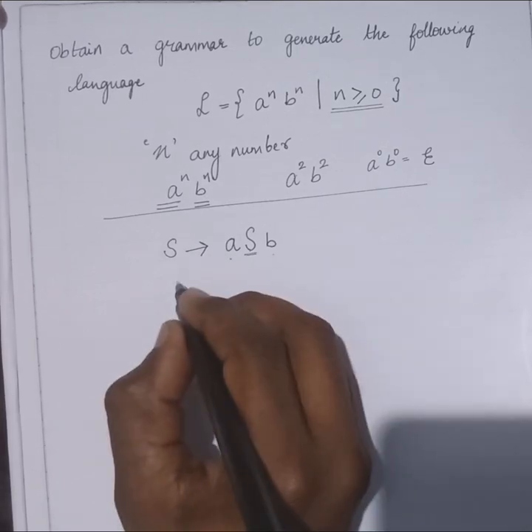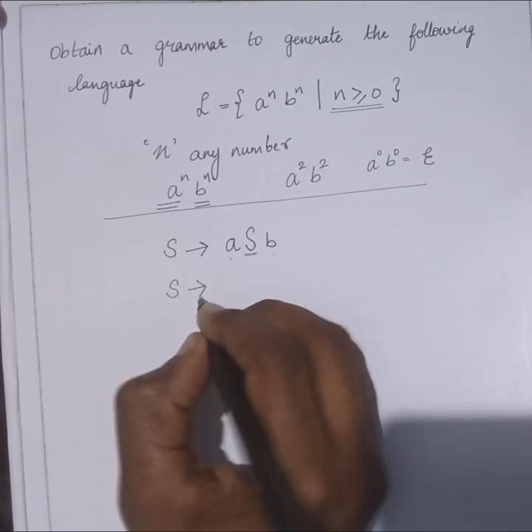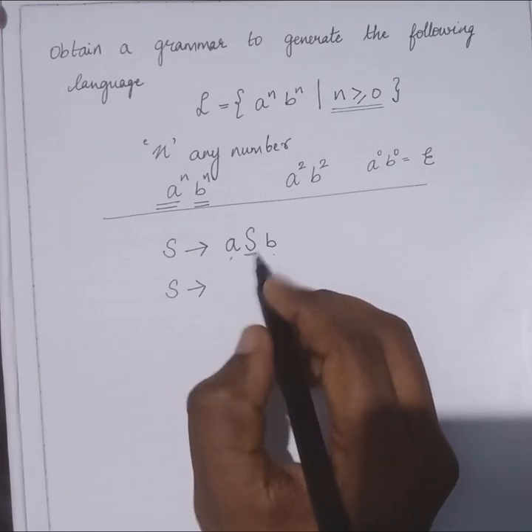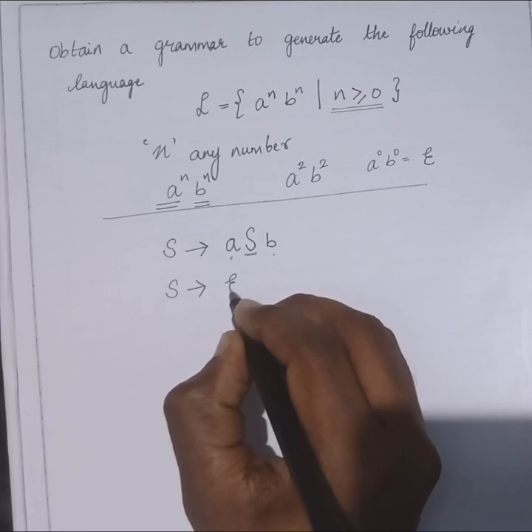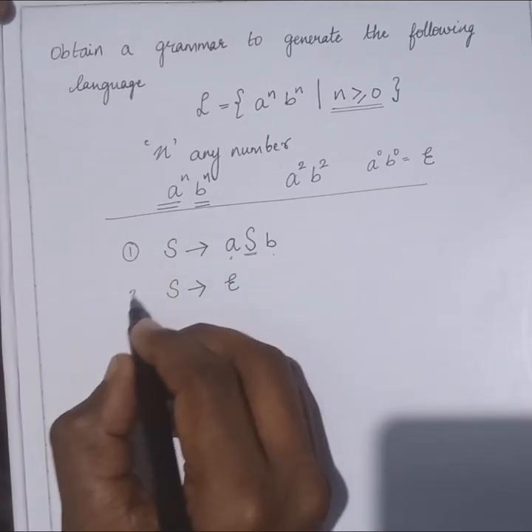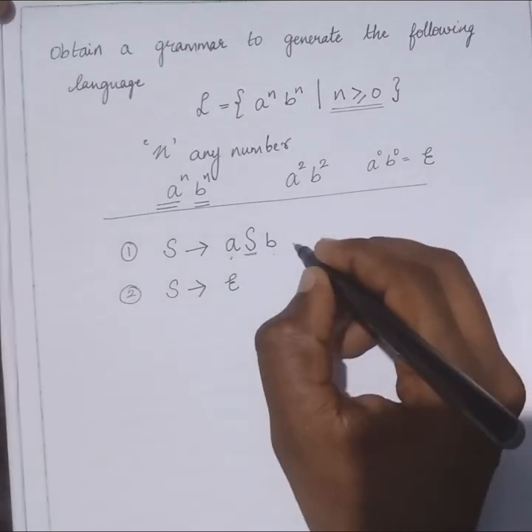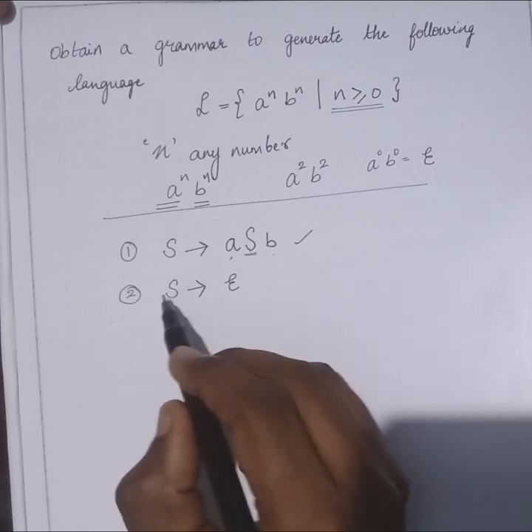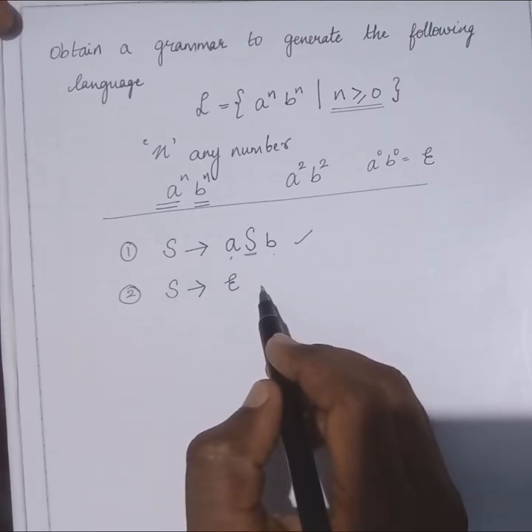And we want to stop it at one stage. After printing many a's and b's together, we want to stop the input, so at that time we can take epsilon. So now these are the two productions we got: one is the production that loops a S b, and the second production says epsilon.